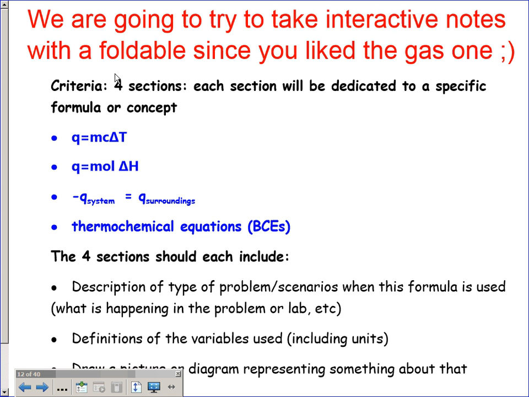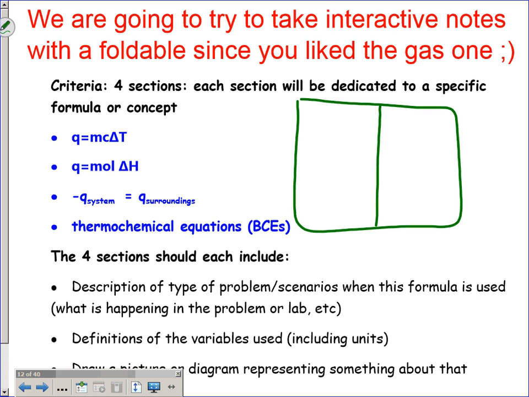It's going to make 4 spots. So basically, you're going to have 4 sections. Doesn't necessarily matter if it flips open or not. Doesn't necessarily matter if it flips over or not.